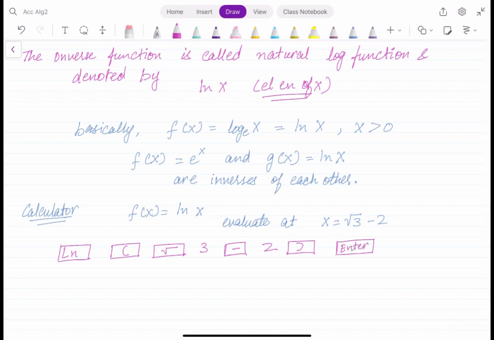So pause it, do it this way and see if you are able to get the answer. And this is how you will plug in all the functions related to ln of x.